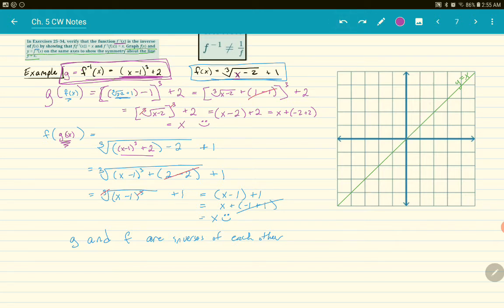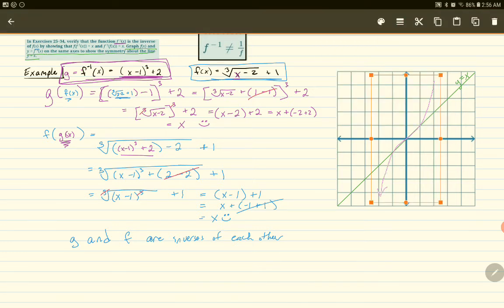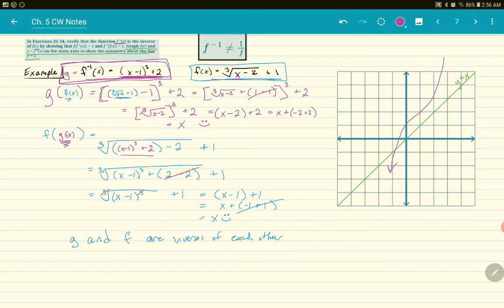I'm going to try to do it in one swoop. There we go, that came out good. So that's my x cubed graph, and using my transformation rules, it is shifted right 1 unit and up 2 units. So it's right about like that. So there's my g of x, or the f inverse.